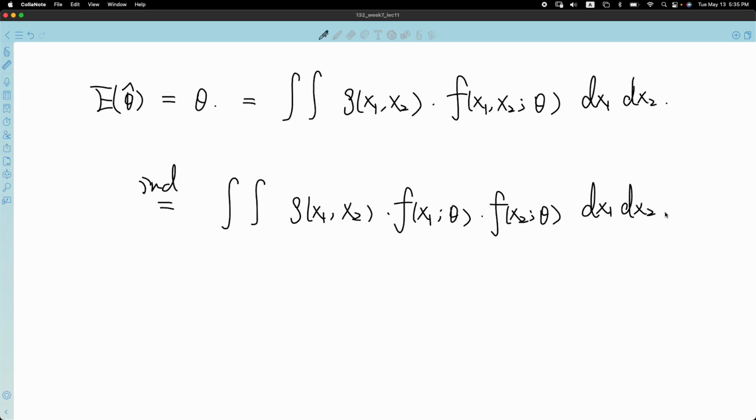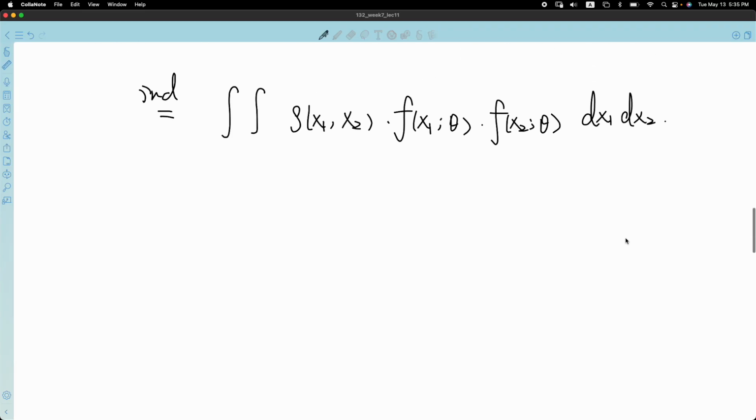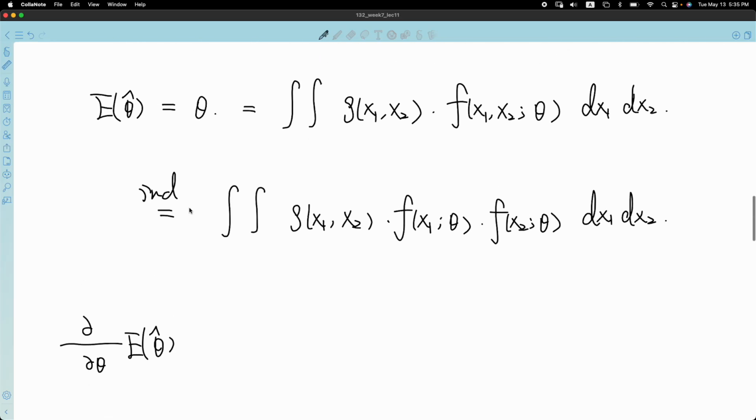Now let me take a derivative with respect to the true parameter theta of the left-hand side. For the left-hand side, this should be equal to 1, since I'm taking the derivative of theta with respect to theta.